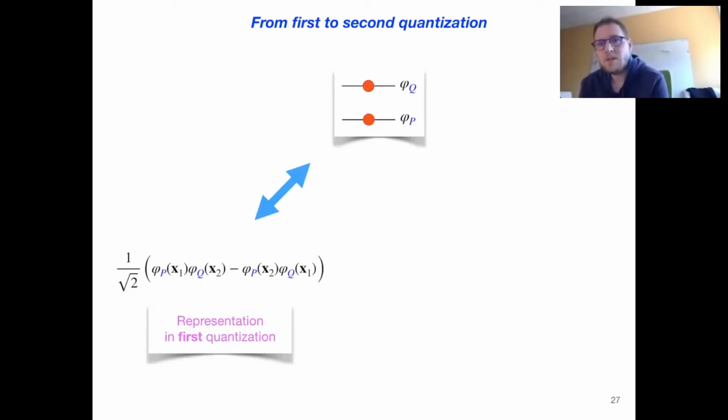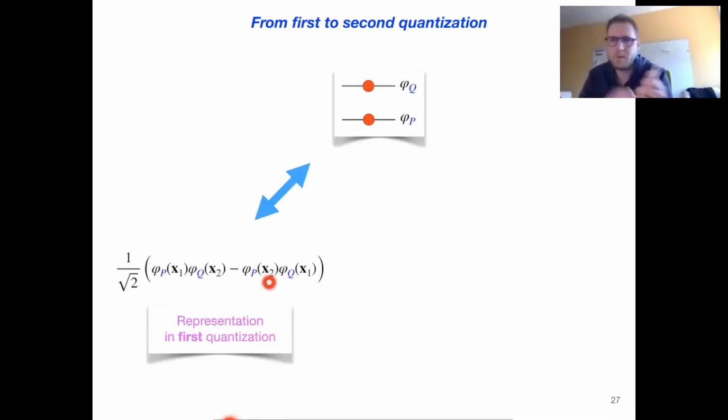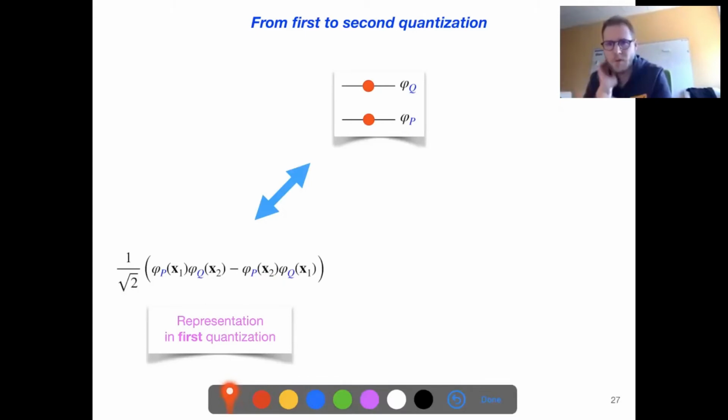The information, as I told you, is, well, 1 electron occupies the spin orbital P, and another electron occupies the spin orbital Q, and that's it, okay? But when we have to write the wave function, it means that we have to consider all possible permutations between electrons to be sure that the wave function is anti-symmetrized. But all in all, the information it contains is simple. So the way we write it in first quantization looks a bit complicated, but the information is quite simple, okay?